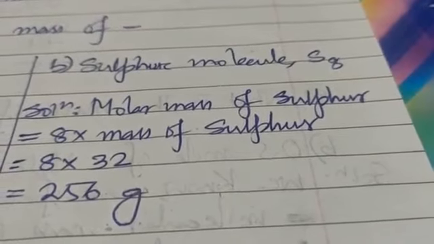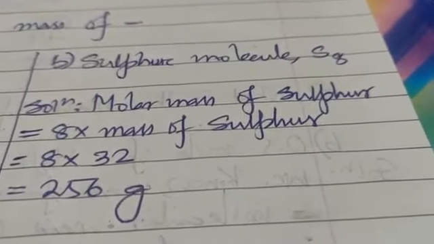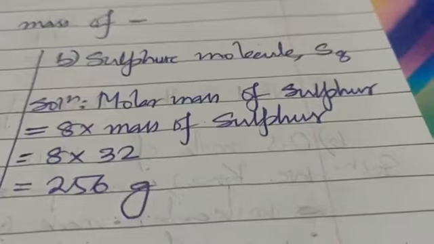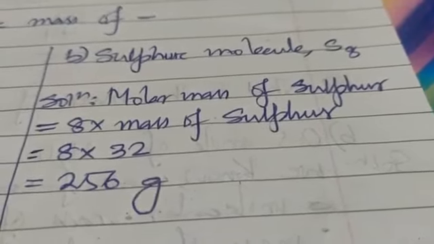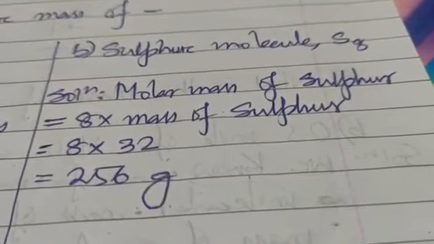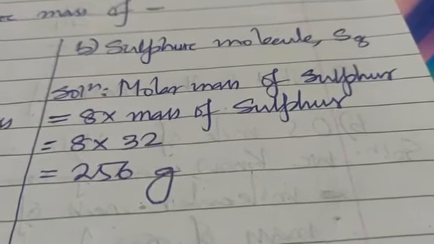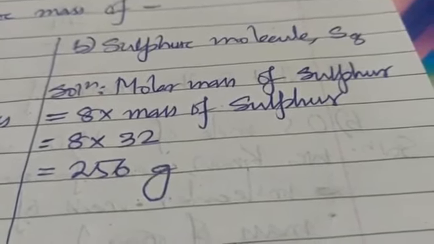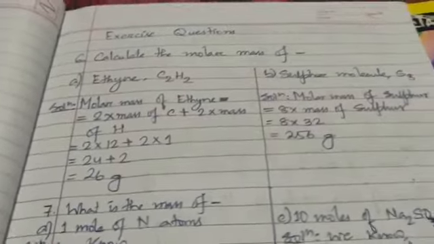That's 32. I hope you will know how we get this. Double of 16, and 16 is the atomic number of sulfur. Okay, so 8 into 32 we get 256, and gram because we are finding molar mass. Okay, so molar mass, gram, molar mass, gram. You have to remember like that.